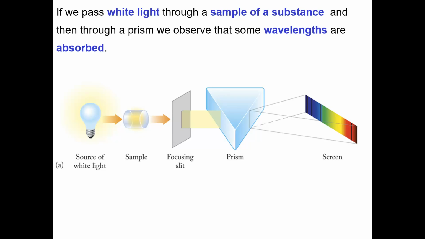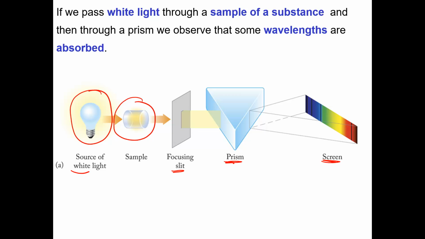Now, there's an alternative experiment that you can do: you can take a source of all of the visible wavelengths, a source of what we call white light. You can pass it through a sample and then pass the light that appears out the other side of your sample through a slit. Again, we can use the wave property of refraction to separate out the light into its different colors and then project that light onto a screen.